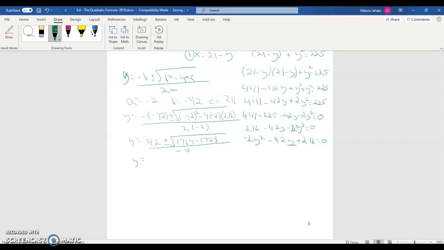So y is equal to 42 plus or minus square root of 36, all over -4.